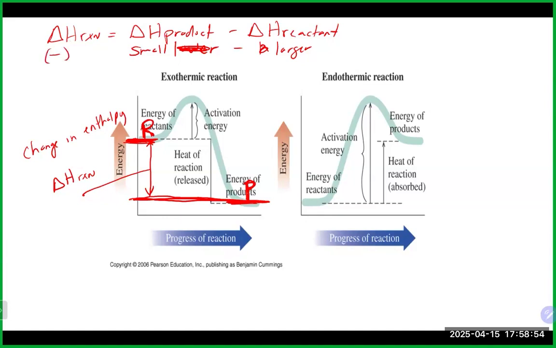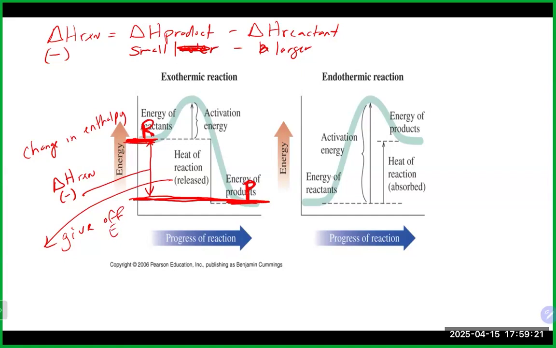So if you have a delta H that is negative, that is going to tell you it's an exothermic reaction, because your products overall ended up lower in energy than where the reactants started. The only way that happens is you have to give off energy in that reaction. And that is your definition of an exothermic reaction.